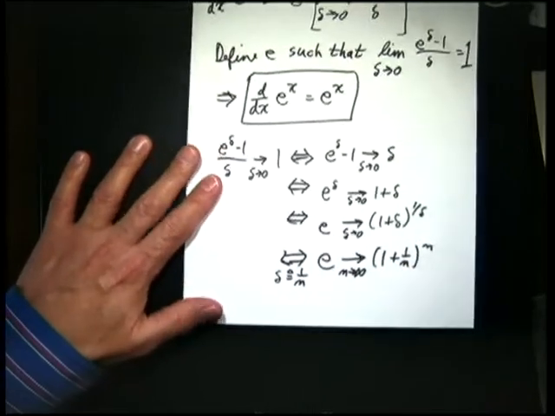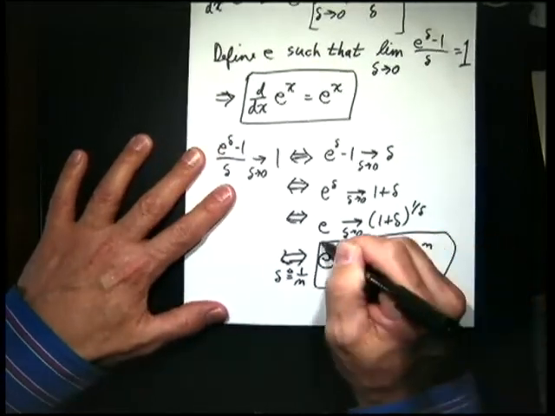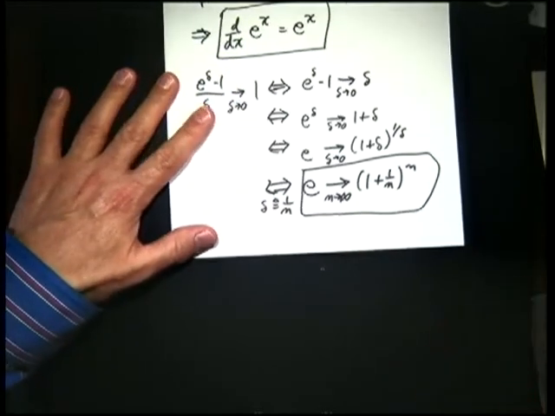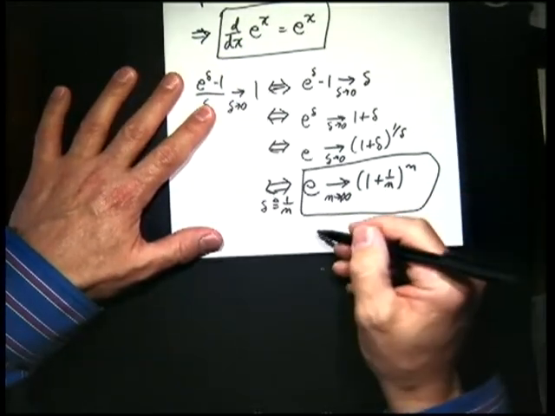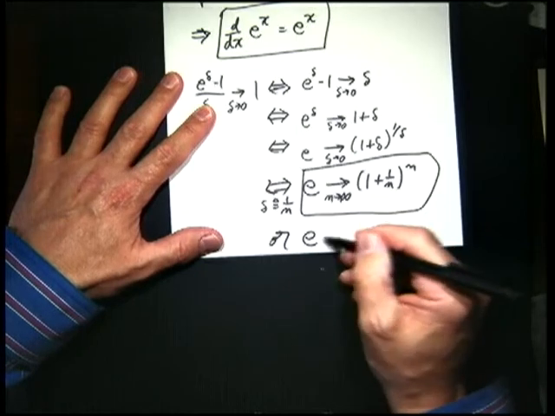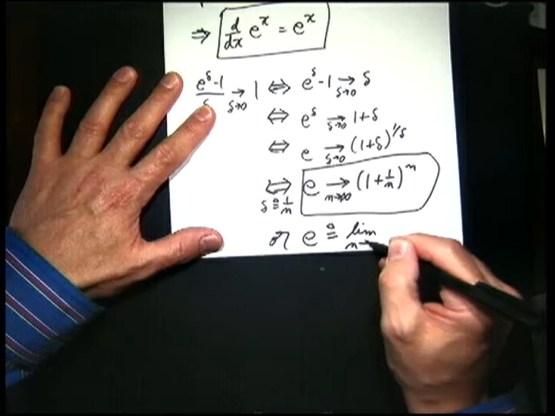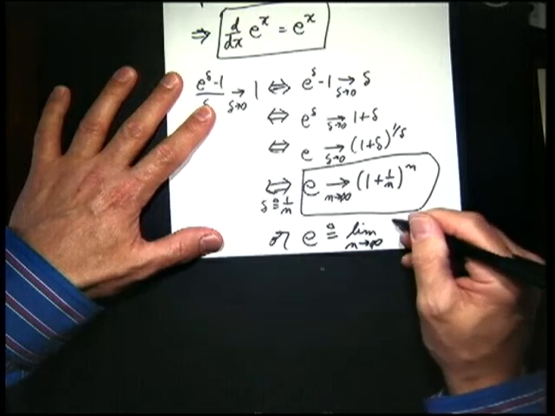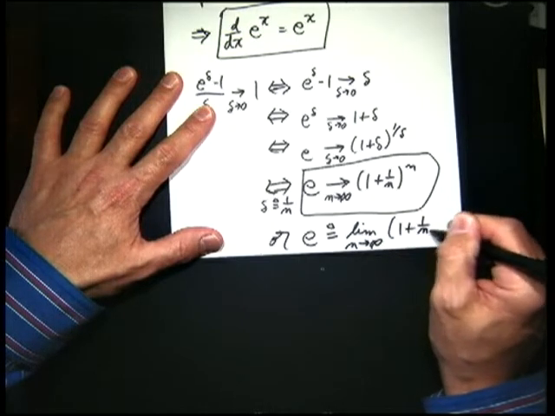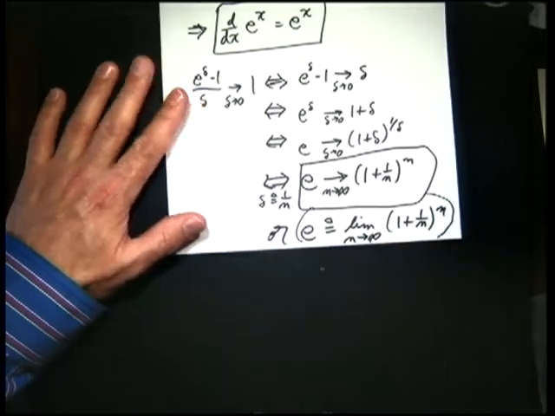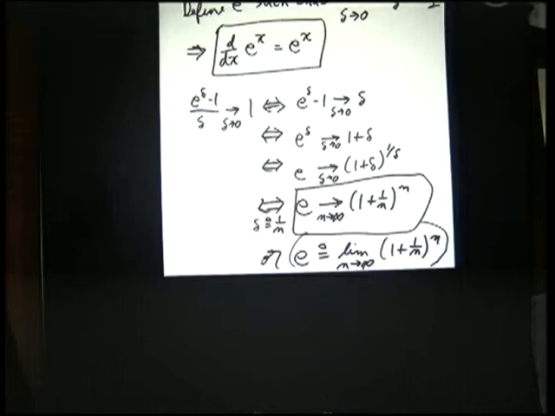That was the way we defined it originally. I'm using this breezy notation that means e is defined as the limit as n goes to infinity of (1 + 1/n)^n. It's just saying the same thing in a more compact notation that's easier to manipulate and calculate with.